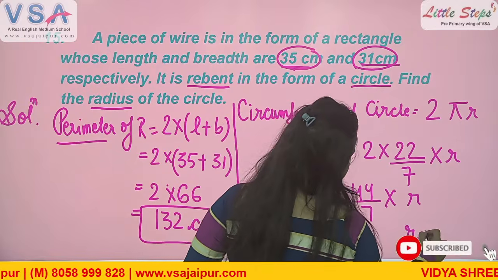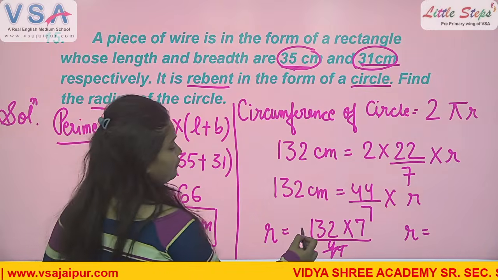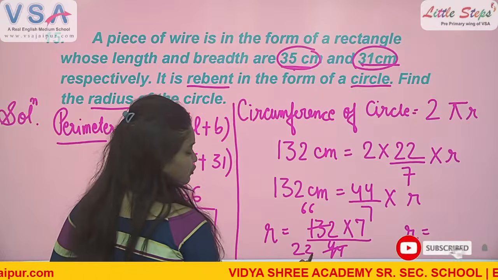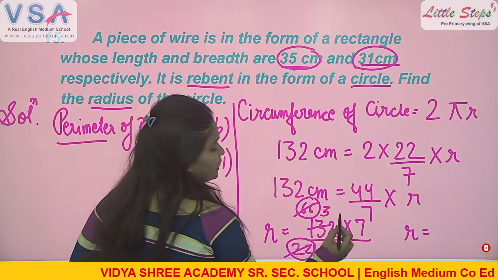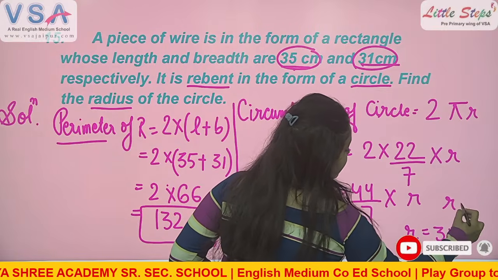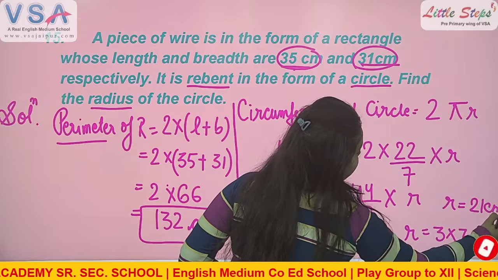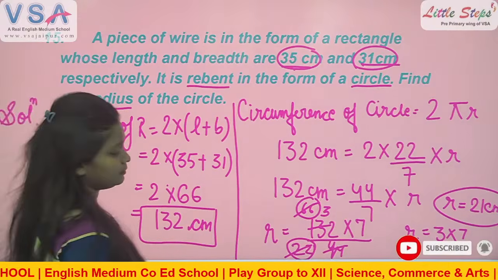Let's cancel it with the table of 2 and the table of 2. Then we have 22 and 66. 22 को टेबल से कैंसिल कर देते हैं कितनी बार? 3 times. 3 multiply 7. The radius r is equals to 21 centimeter. Hence, the radius of the circle is 21 centimeter.